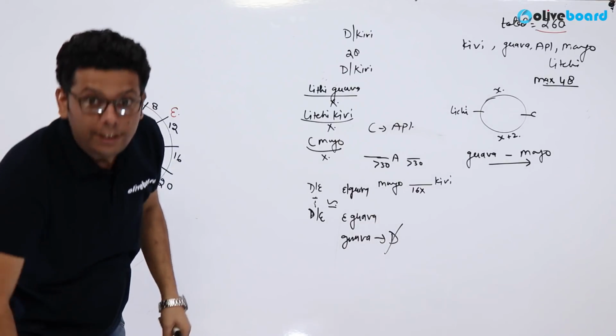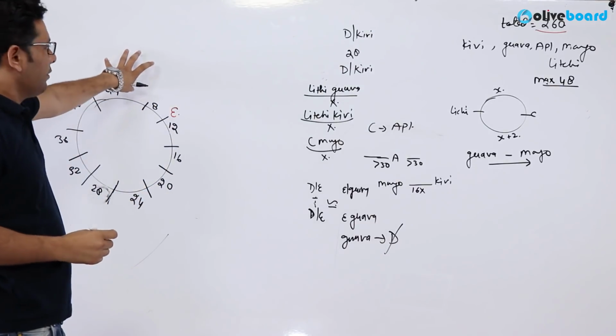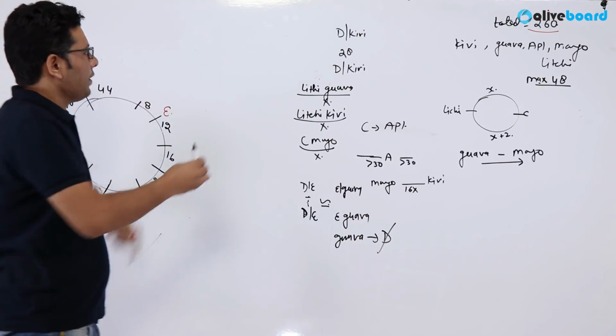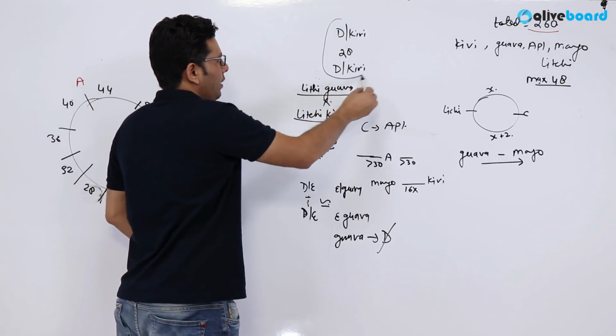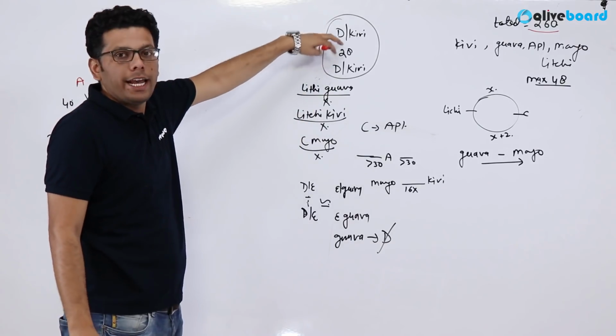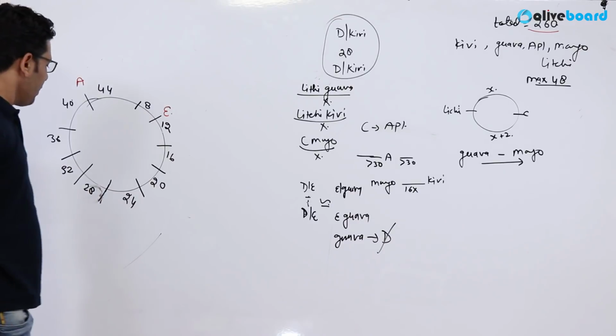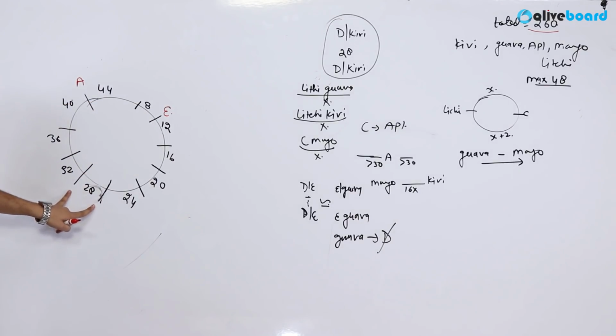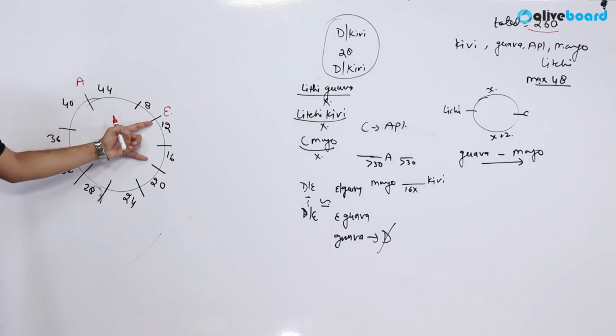Now we need to look for some more consecutive data which can be related using this point. We have a specific data that there is a gap of 28 between D and Kiwi. Then this is one possible case. We can have a 28 here, and another possible case is that we can have a 28 here.